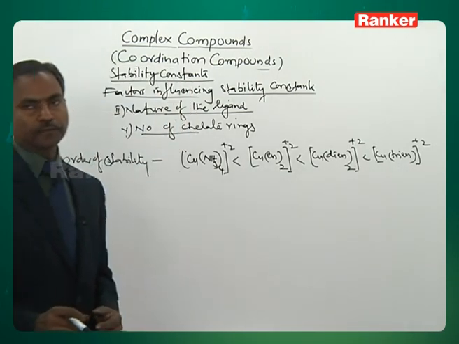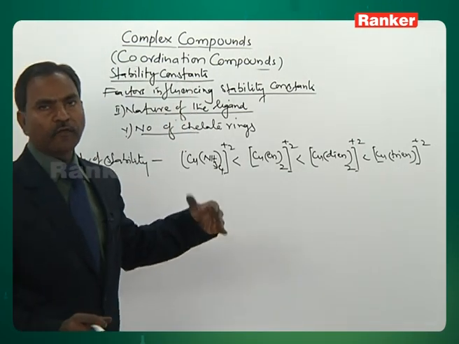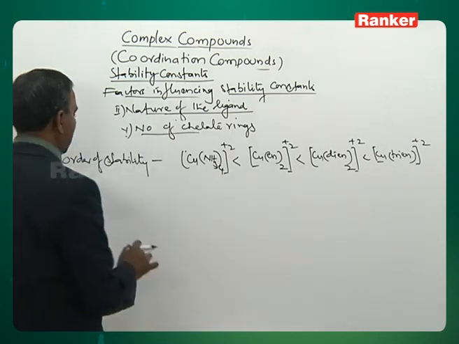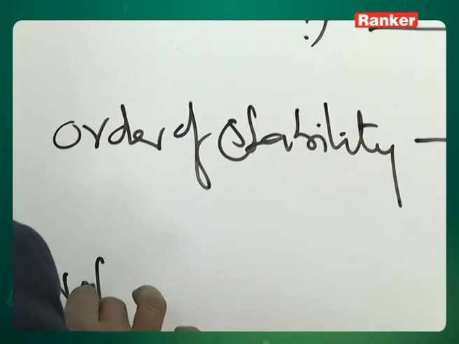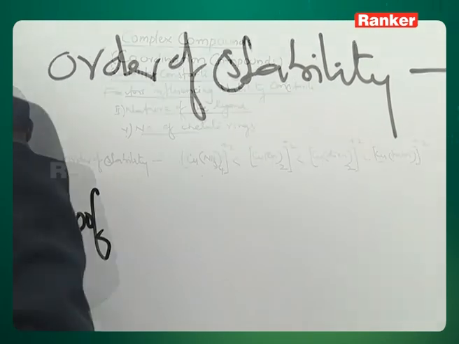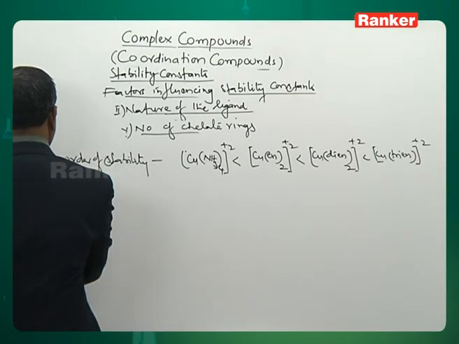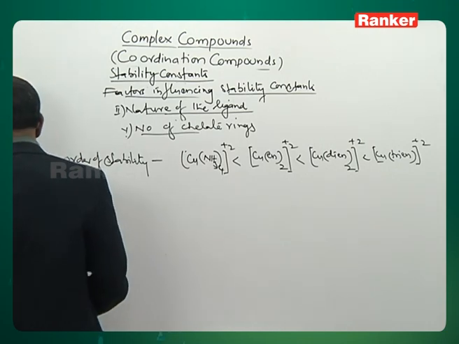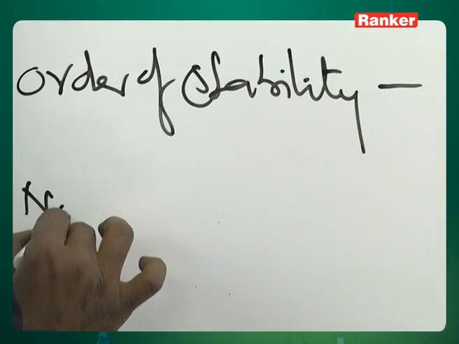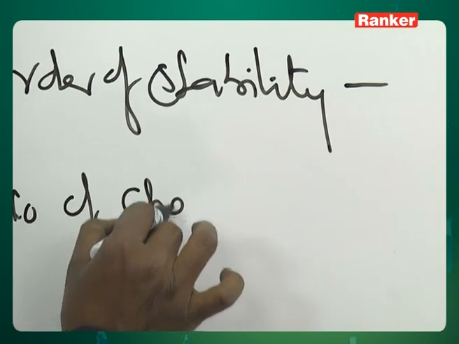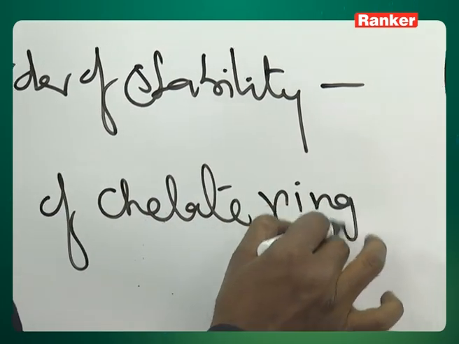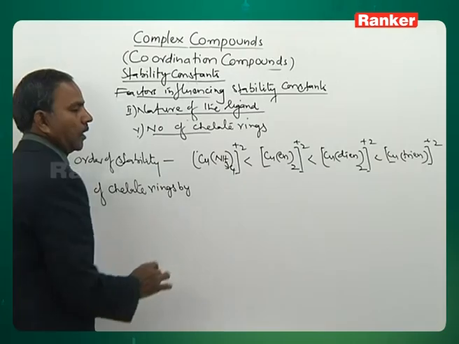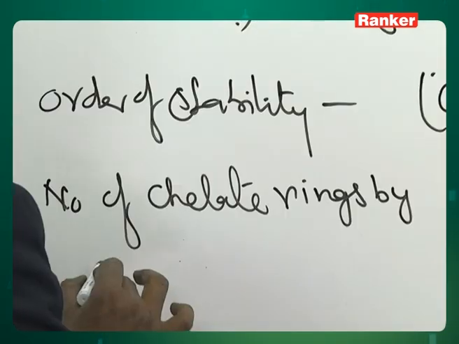Why are you writing this particular order of stability? How can you say? Let us see the number of chelate rings formed by a single chelate ligand.